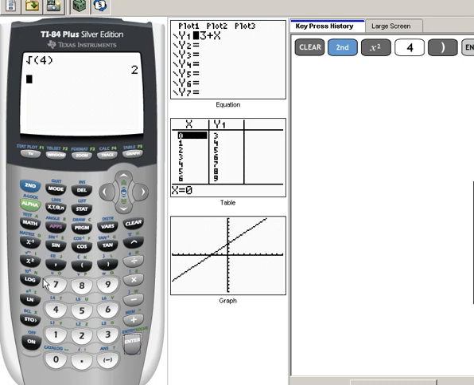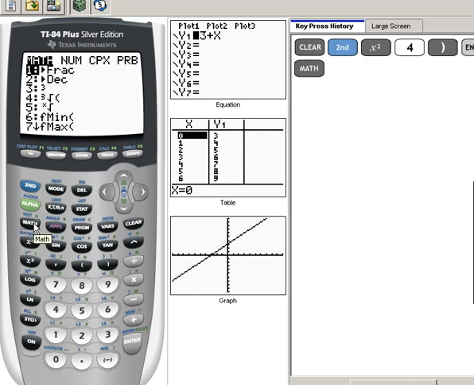We don't have a button nicely on here for the cube root, but we do have it on the calculator. If you see this button right here that says math, if we click on that math button, it opens up a whole new sub-menu. Within the math button, this is where we would change things over to fractional form or over to decimal form and so on and so forth.